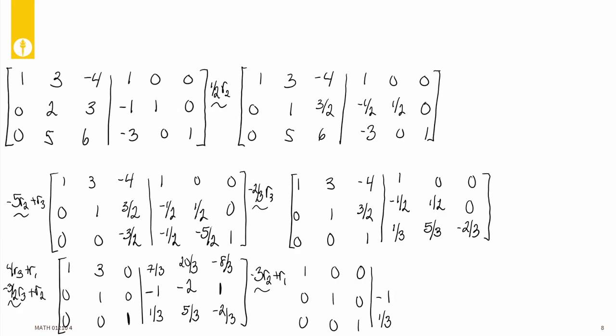So what is it? -1 times -3? 3 plus 7/3. 16/3. -3 times 1/2. -3 halves. -3 halves plus 20/3. So that's the same as what? -3 halves is -9/6.